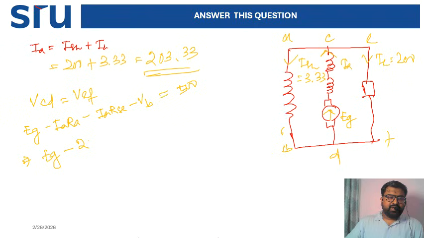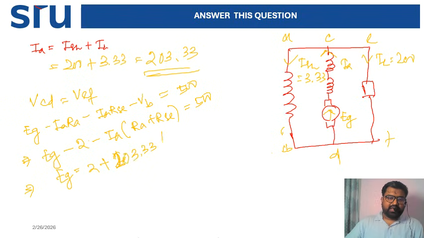Then we can take common minus of IA, then RA plus RSE equal to 500, right? Then we solve this equation to find out this one. EG equal to 2 plus IA, which is how much? 203.33.